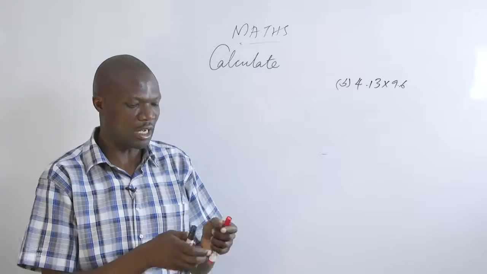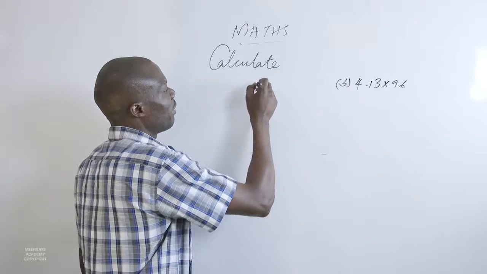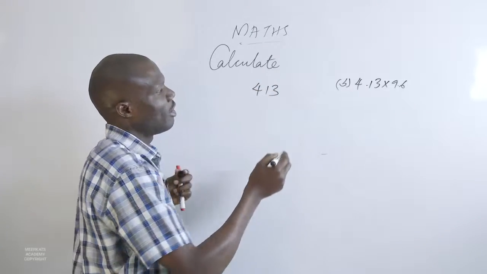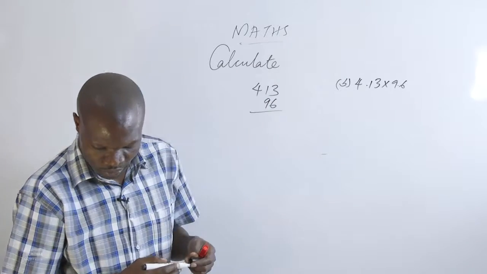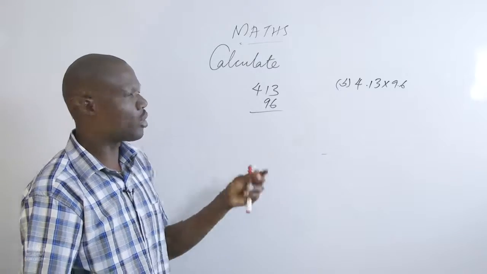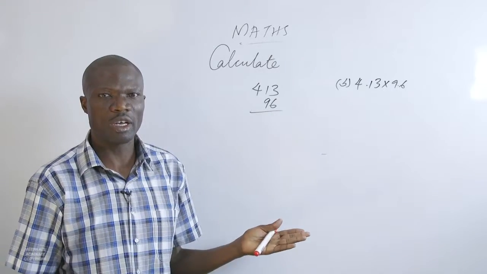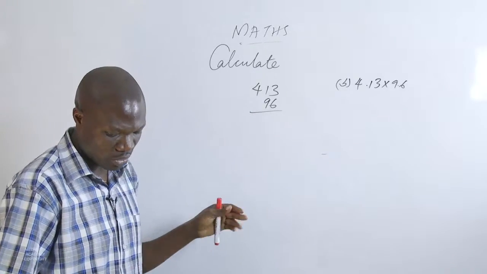So in this particular case, we are going to ignore the decimal places and multiply 413 multiplied by 96. You can always use any method you are comfortable with. You can use a long method, you can use a short method.